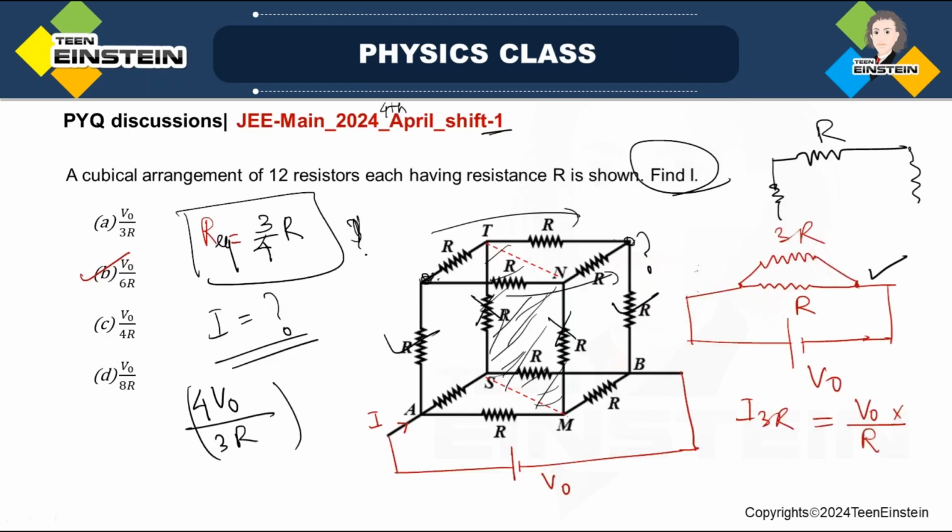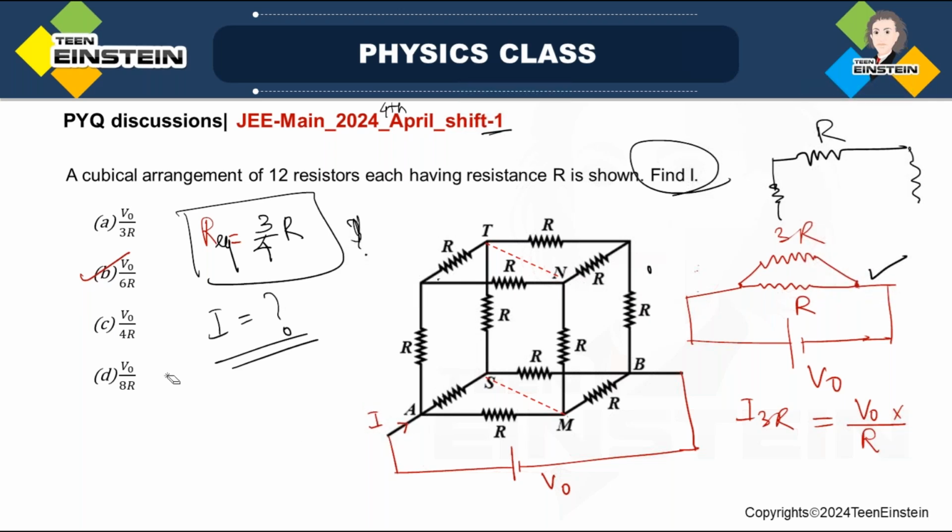I'm sorry for choosing the wrong figure yesterday, and we got confused because of that. According to the question's figure, we will not be able to match any option, but if I take the actual figure, then we get the right answer, and that is V0 by 6R.